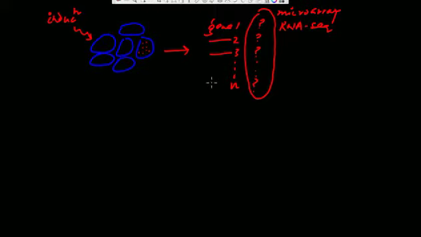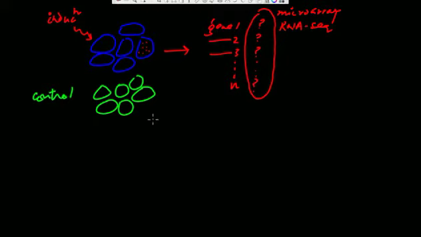Now this is the expression level, and you need to have a control also, right? Let us say I have a control cell population, and here I did not give any induction, so this is the control population, the uninduced population of cells, and I did the same thing on these cells.